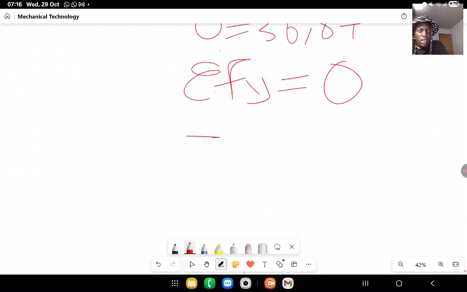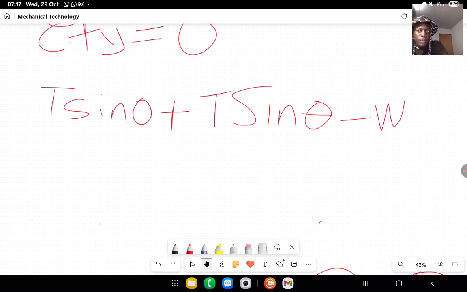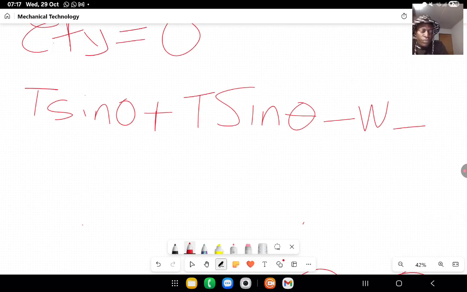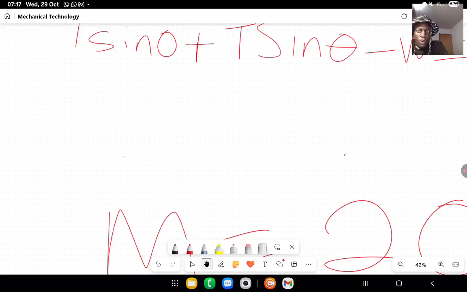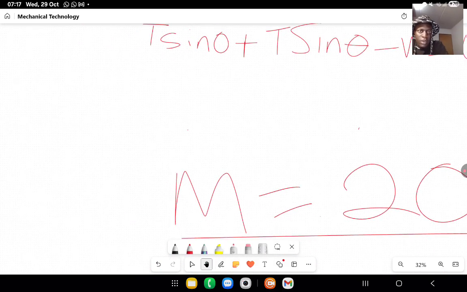Again, we now call them T sine theta plus T sine theta minus W is equals to 0. Therefore, we know that this and this, they are like terms again.